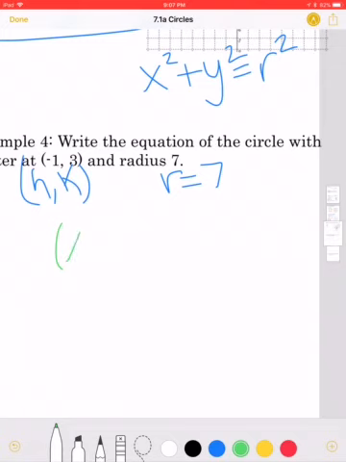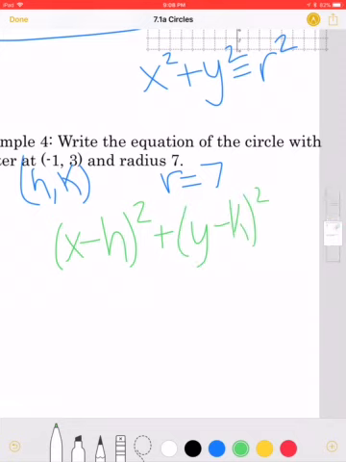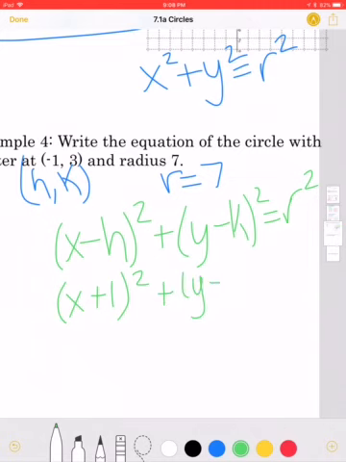So I have my general form, x minus h squared plus y minus k squared equals r squared. So x minus negative 1 will be x plus 1 squared plus y minus 3 squared equals 7 squared, which is 49.